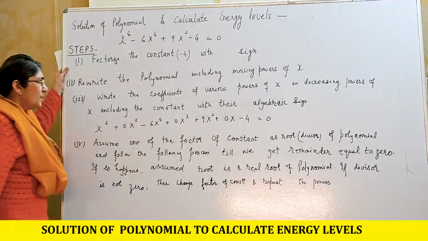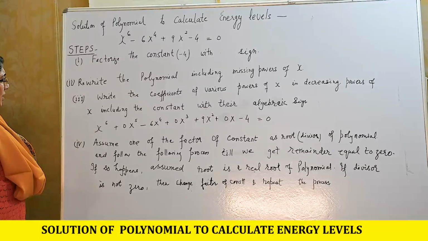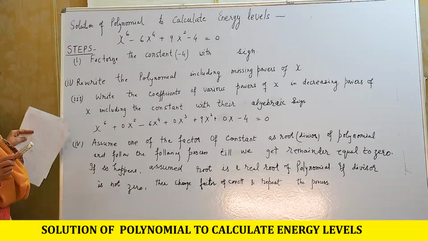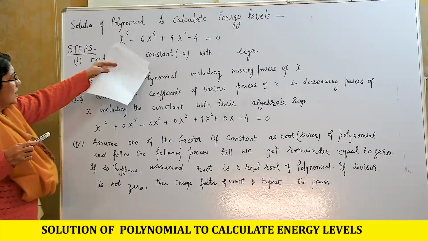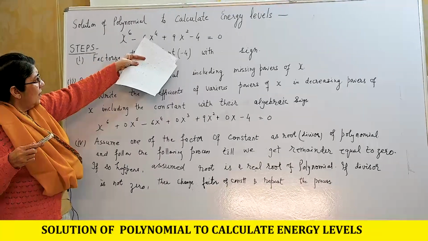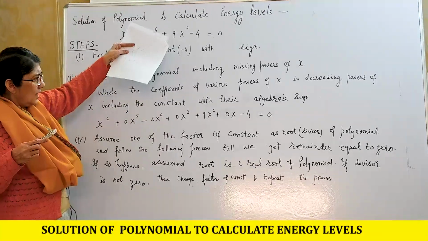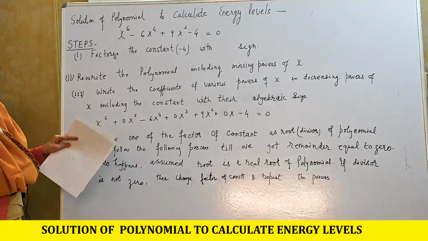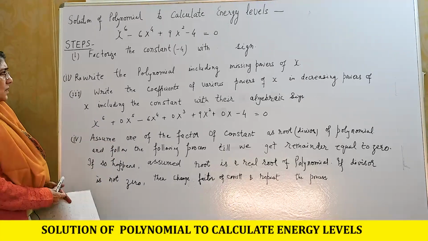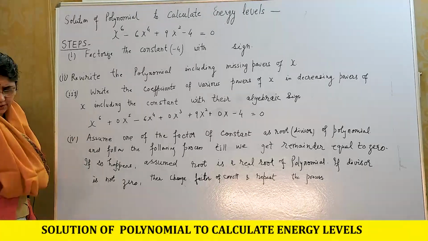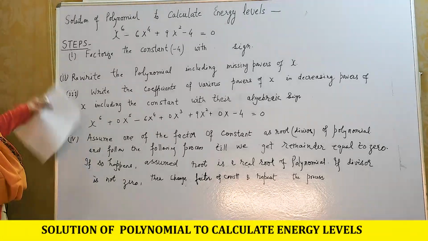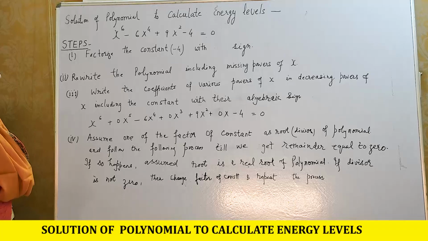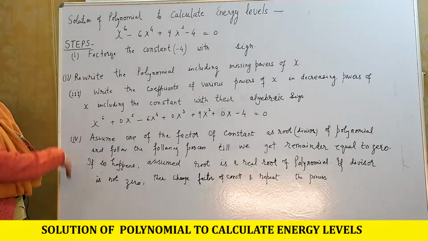Like this we will write this algebraic equation, and then we will take the factors one by one and assume that the factor is a root of the polynomial, and then we will further discuss the solution. I hope you have gone through this, and now I am rubbing this.